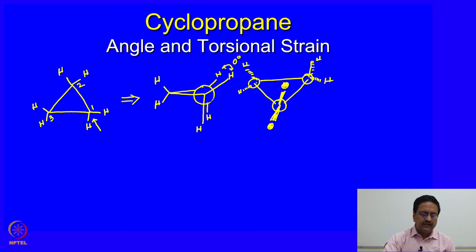This molecule has very high angle strain because this bond angle is 60 degrees, which is very far deviated from the ideal value of 109 degrees for an sp3 carbon.